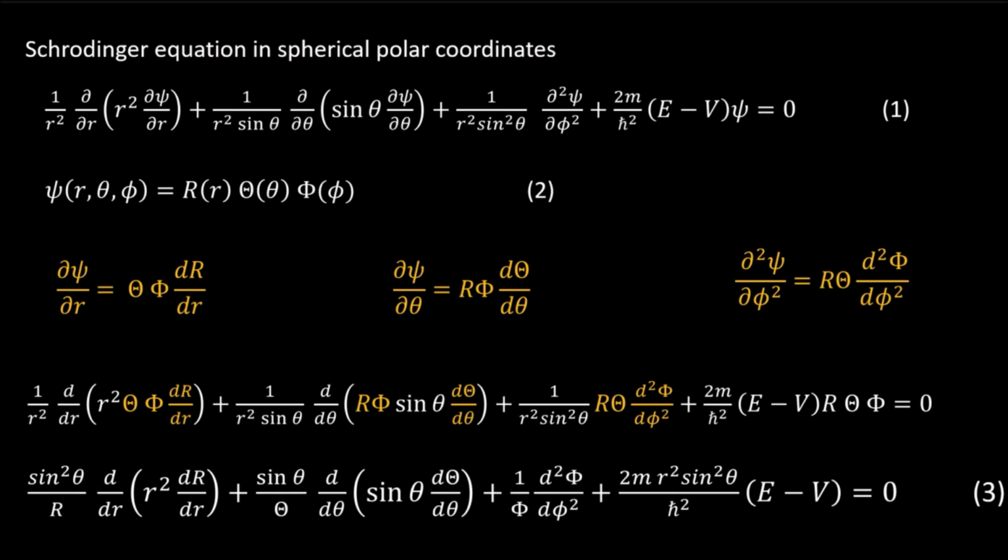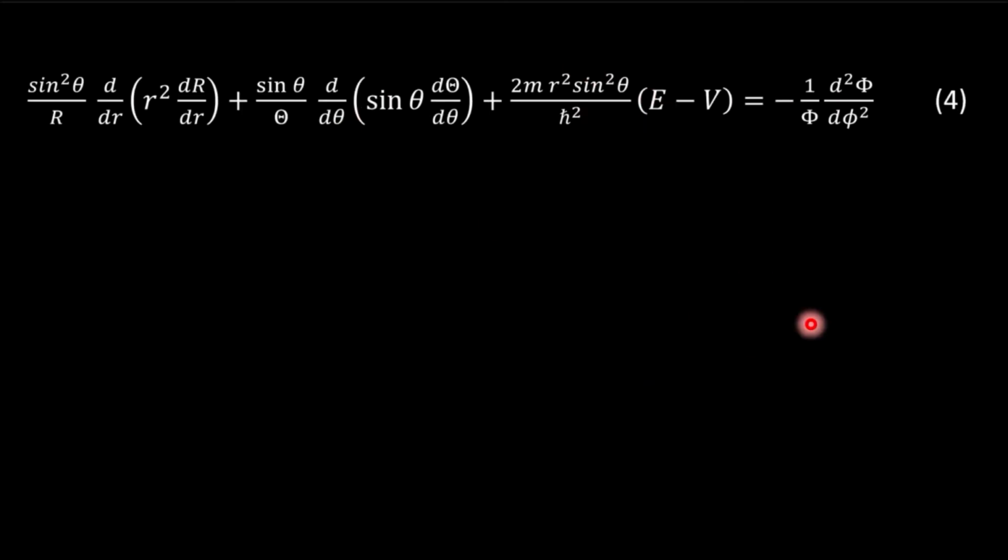You can see that the third term in this expression is a function of the azimuth angle phi alone, whereas the other terms are functions of r and theta only. So let's rearrange this expression like this one.